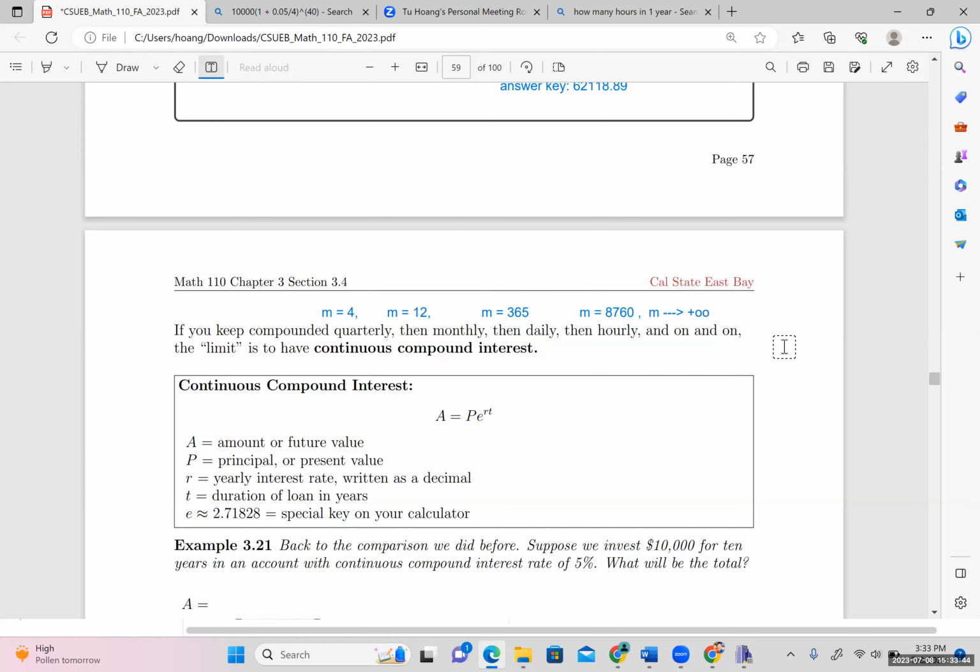You will get into a case called continuous compound interest, right?